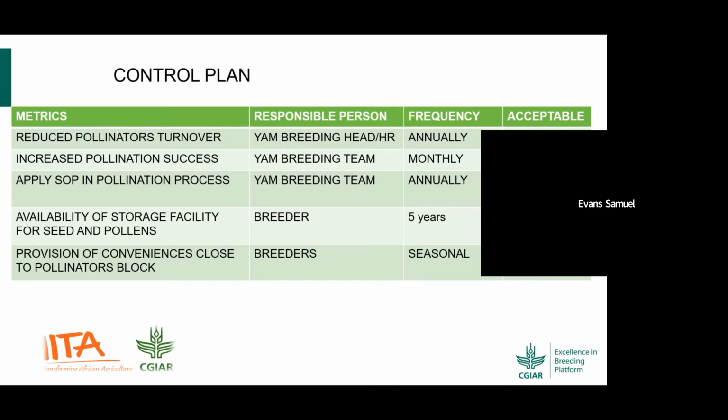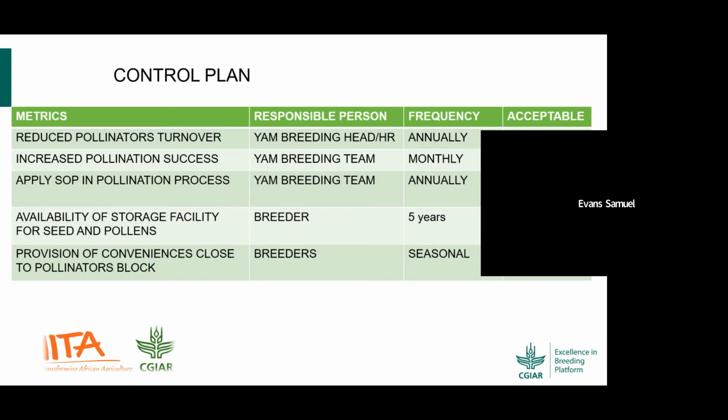For example, to reduce the pollinators' turnover, the HR and the head of the unit are expected to be responsible for this, and this will be checked annually. At least 10% loss of the pollinators may be acceptable. For the increase in pollination success rates, the yam breeding team is going to be responsible using the pollination data, and it can be checked monthly, and we hope to see 50% success rates.